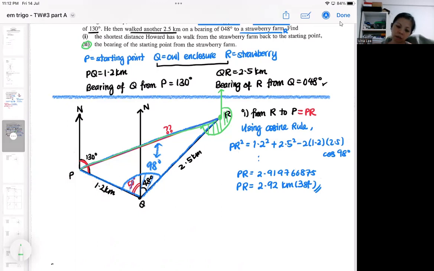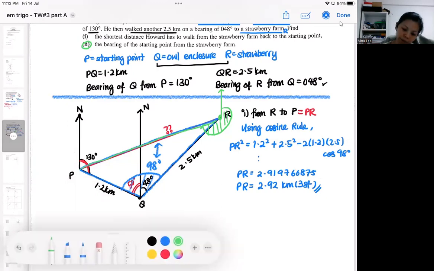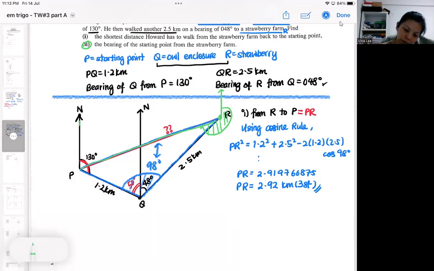Basically what you should realize is that it will be good if you can make use of the interior angle. So between the north line, there are interior angles. So these green ones will form the interior angle.